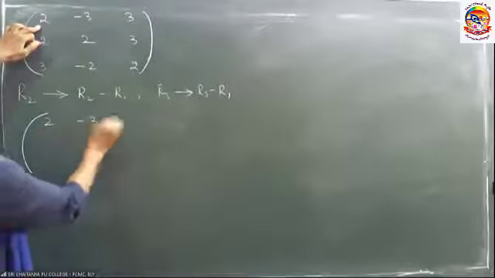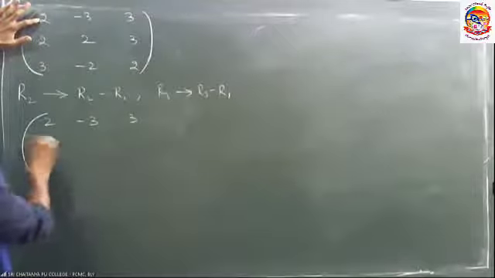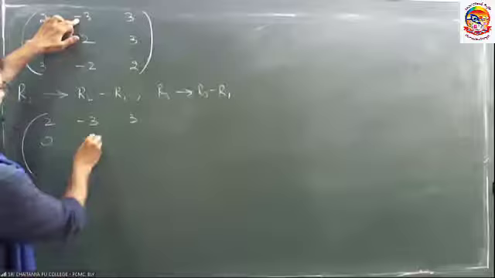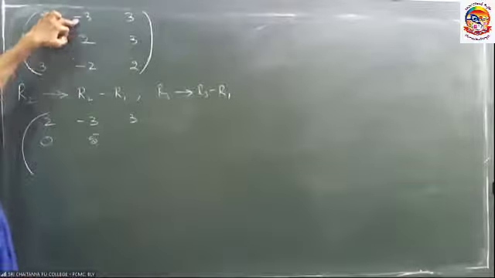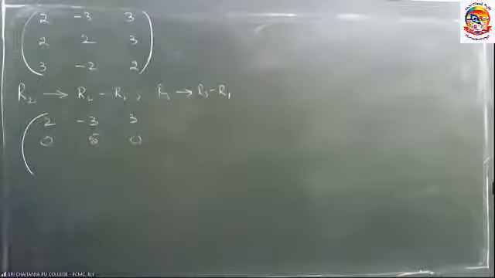2 minus 2 is 0. 2 minus of minus 3 is 5. 3 minus 3 is 0. Observe.